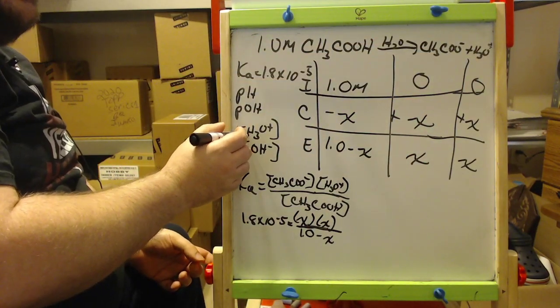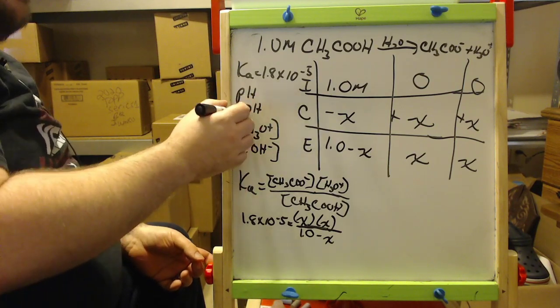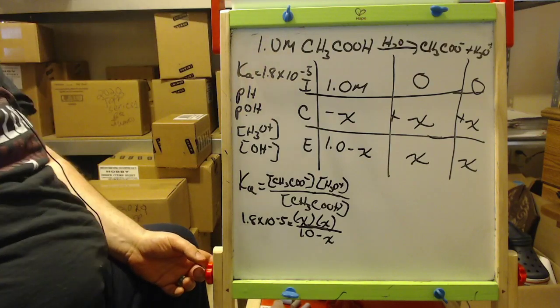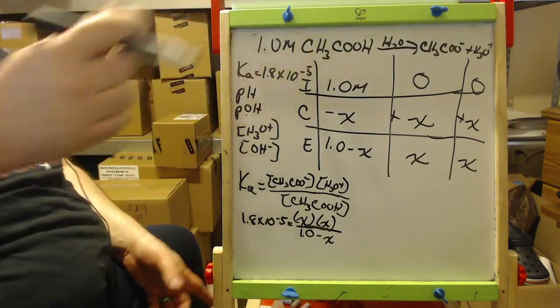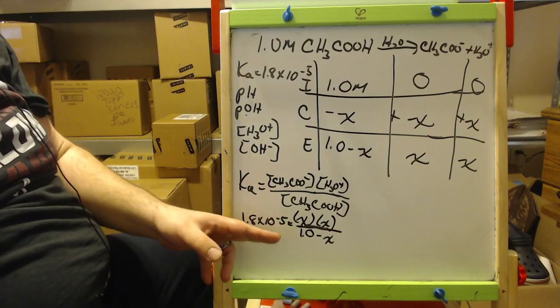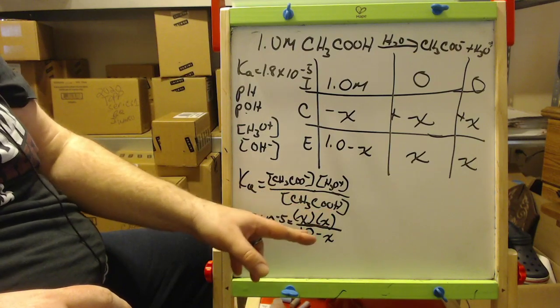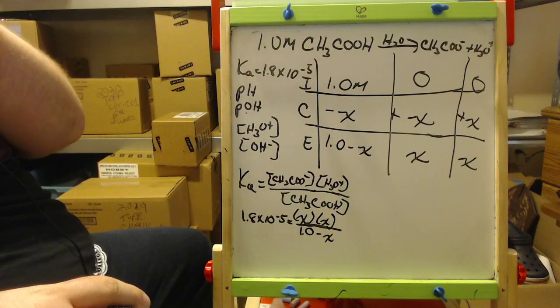If I can find the concentration of hydronium, I could find the concentration of hydroxide, the pOH, and the pH. The thing is, I have to be able to solve this for x, and we're in that issue where I'm going to have x squared and an x, and I'm going to have to use the quadratic.